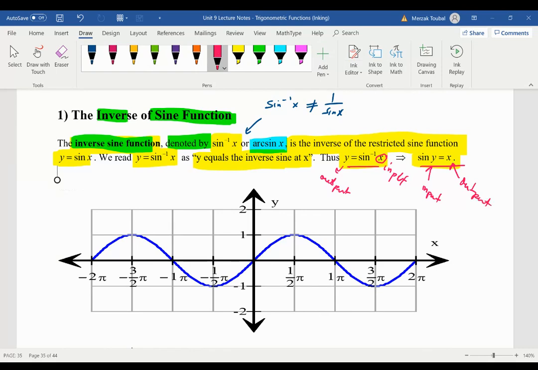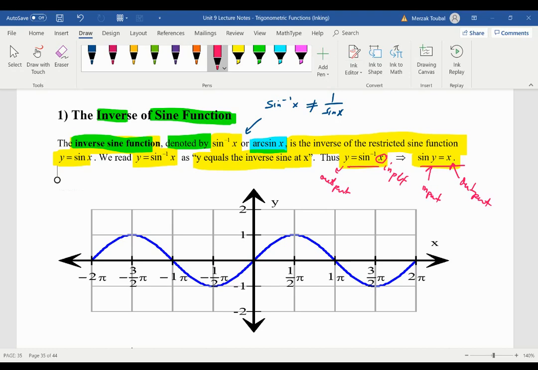And that's how the inverse function works. It takes the output and produces back the input. The original function takes the input and produces the output. The inverse function takes the output and produces back the input. That's why there is a difference between the input and the output of the sine inverse and the original function.